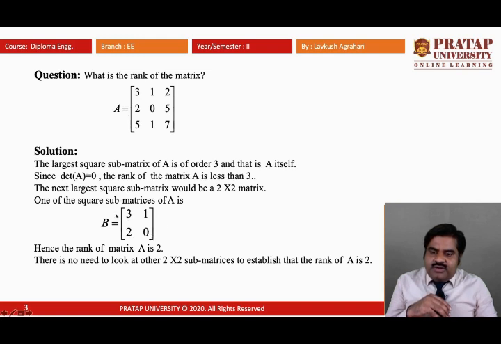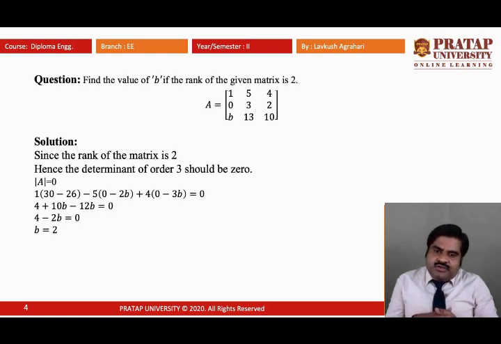If we calculate the determinant of this matrix, it is 2, which is not 0, hence we can say the rank of this matrix is 2. Also, if we can find one minor of order 2 which is not 0, we don't need to check other minors of order 2.